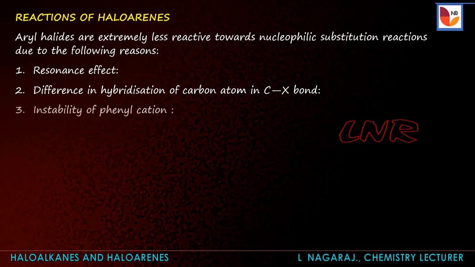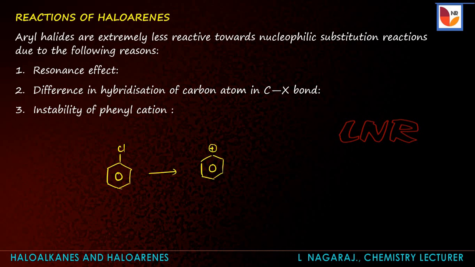And the next important point is the instability of the phenyl cation. When aryl halides, that is C-X, undergo ionization, they give a phenyl cation. That is, the benzene ring has a positive charge.